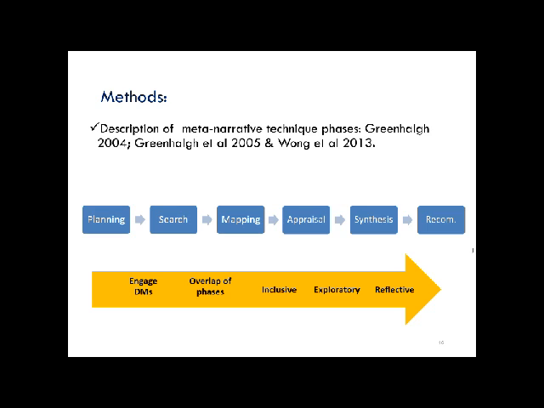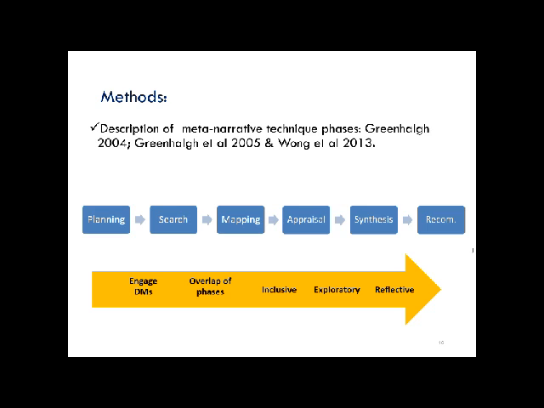And there's a description of the phases of the method, the meta-narrative technique, in the references listed here. And it's important to emphasize that the meta-narrative technique is very similar to any systematic review process. As you can see, the phases are very, very similar. But what stands out about this method is that you can engage decision makers in any phase of the review, and there's also a required overlap between the phases.